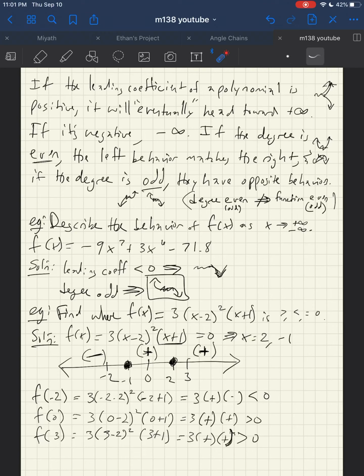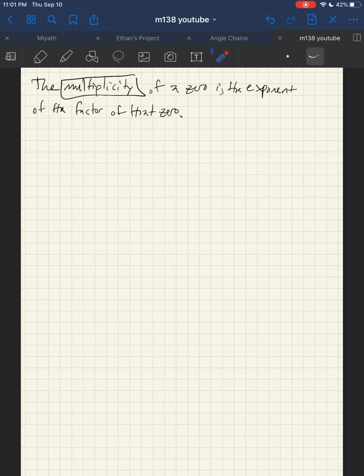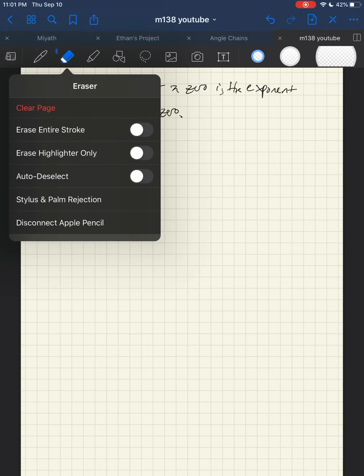So in this case, the exponent of the 0 x minus 2 was 2. So x minus 2 is a 0 of multiplicity 2. The exponent of x plus 1 was 1. So the multiplicity of the 0, negative 1, was 1. Okay?